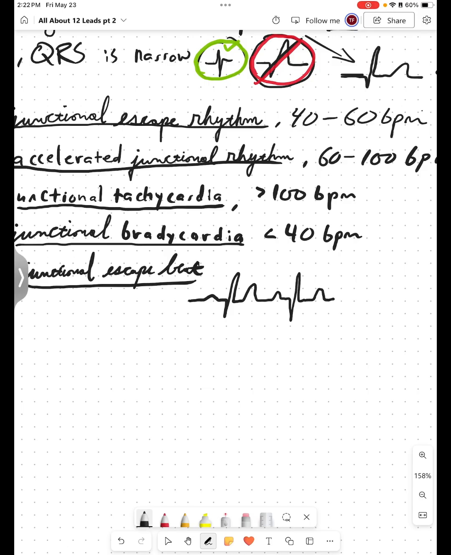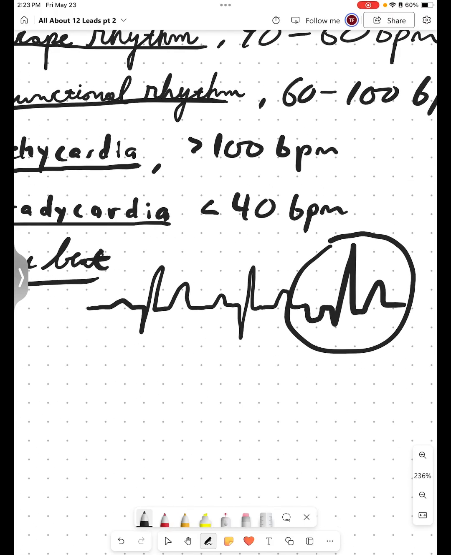And then we have a junctional beat. So this right here would be the junctional escape beat. It is an ectopic beat outside of our underlying rhythm, which is a sinus rhythm, but then we have a rogue junctional beat here, and we can tell that by this flipped P wave here. And the QRS is going to actually look a little bit different. The rest of the wave morphology will likely look a little bit different. Might not, but it's something to keep an eye out for.